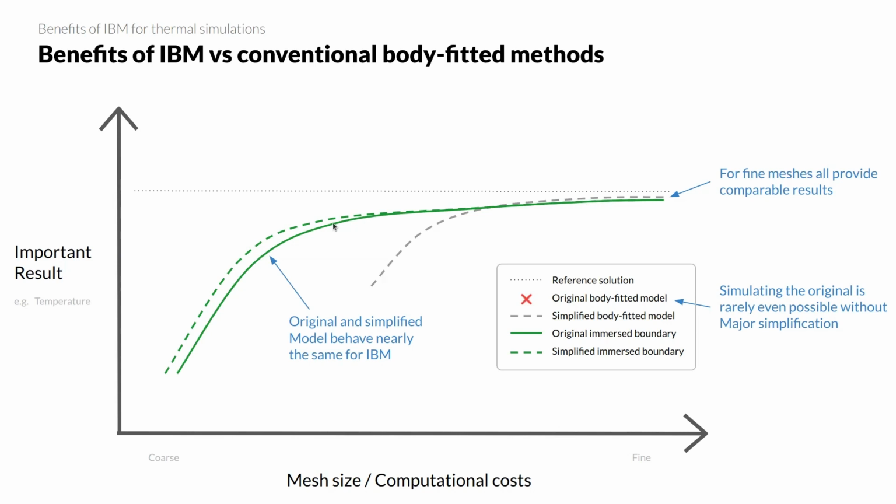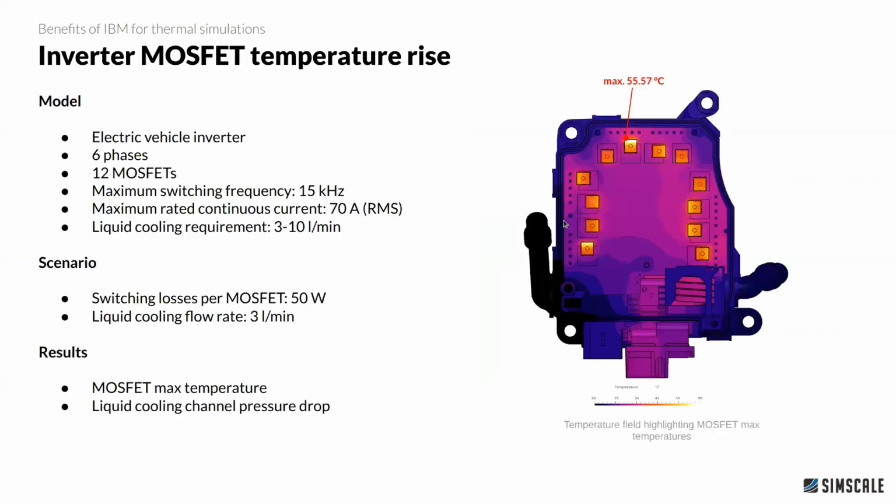But we can already use an area where we have decent results very early, for example, in the design process, and iterate earlier and save all of the time of simplifying the model by running IBM simulations on the original model. And that's the whole trick, or that's really the benefit that you get from using IBM on original CAD models instead of spending all of the time to simplify and clean up your CAD.